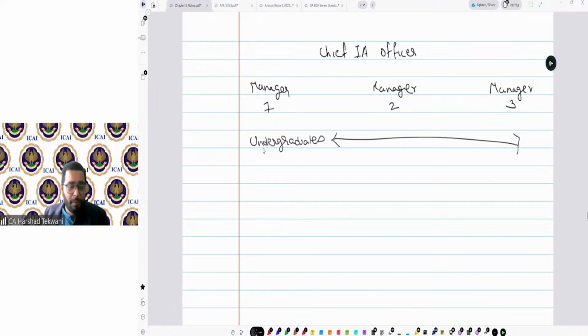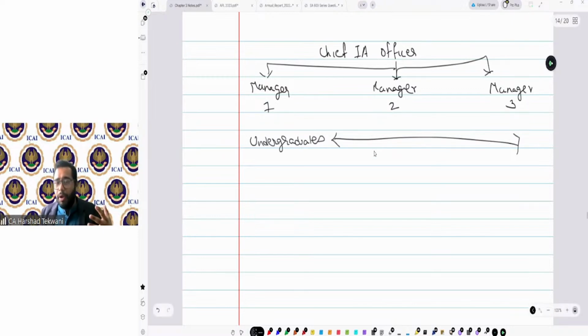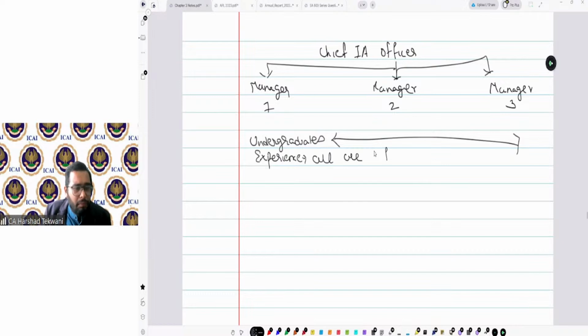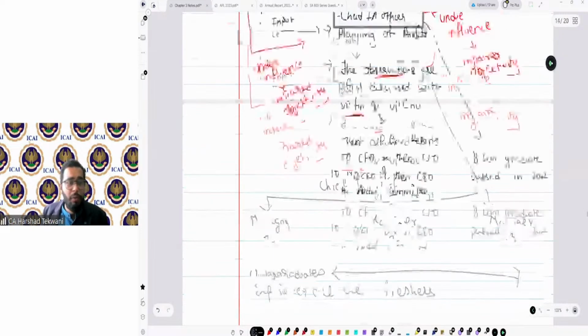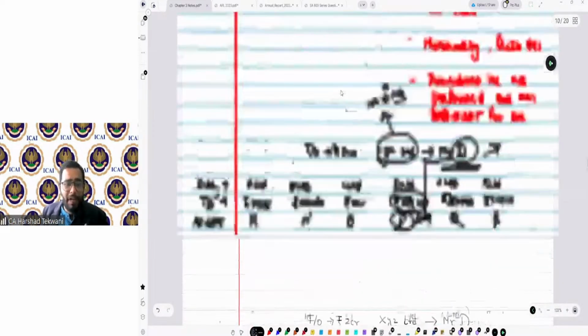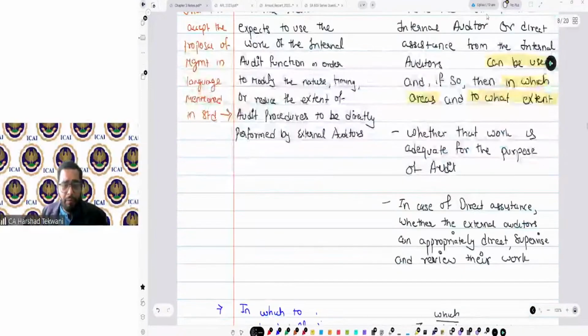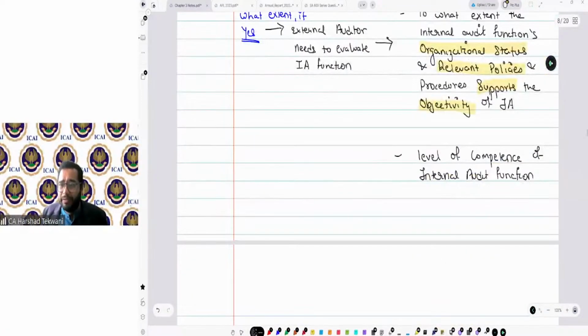Do you think the internal audit function is competent enough? I say no, because the managers themselves are undergrads. They are still yet to receive the bachelors. Again, I need to consider experience also. All are freshers. If that is the scenario, then it raises a doubt on the competency of the internal audit function, whether it is competent enough.